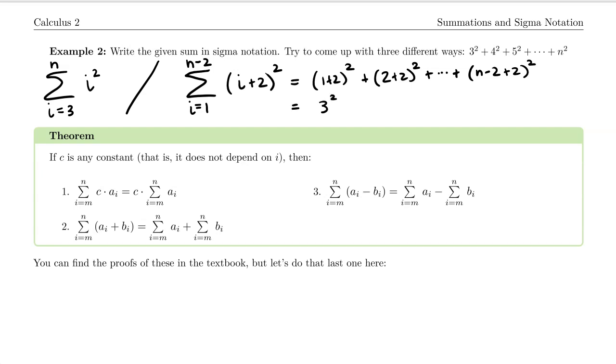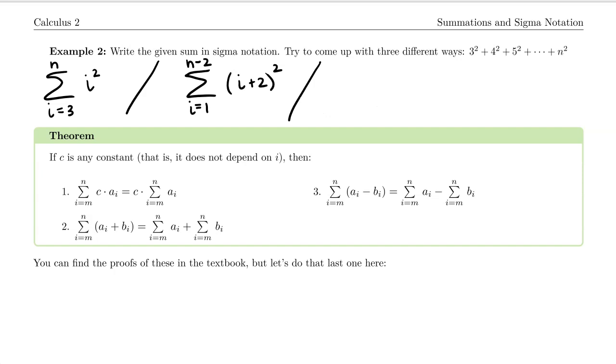This is equal to 3 squared. 2 plus 2 is 4, so that would be 4 squared. And then what happens is negative 2 and positive 2 give us 0, so our last term would be n squared, and that's what we wanted, so this is a sufficient summation.